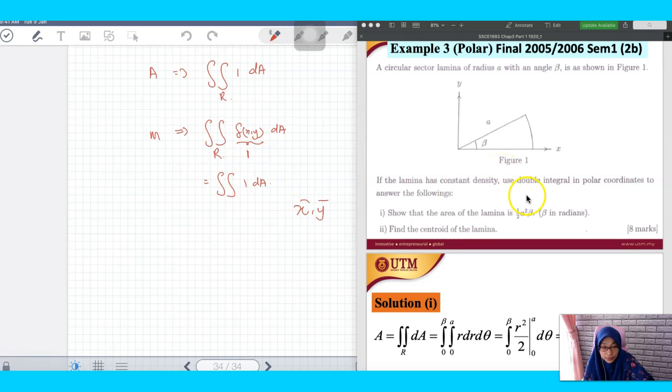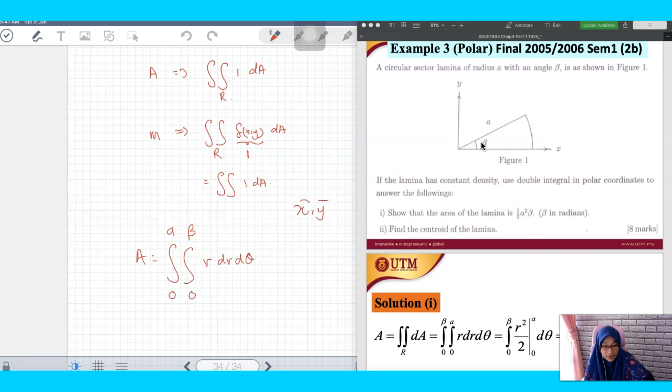Because the question is asking about the area, using this formula you have to solve in polar, so r dr d theta. For this region, theta is from 0 to beta, and r is from 0 to a.